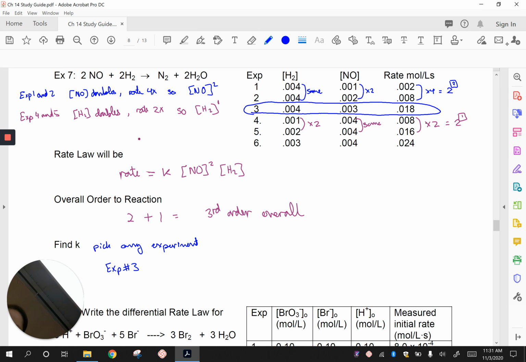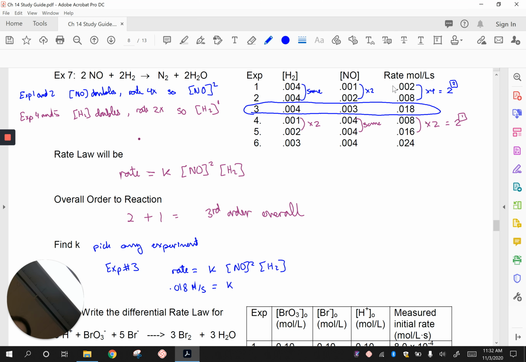I know that my rate is equal to K times the concentration of NO squared times the concentration of H2. So I'm going to say my rate, which is 0.018 molar per second, and I'm just getting that number from right here, and the units are moles per liter, which is molar, over second, is equal to K. That's what I'm solving for.